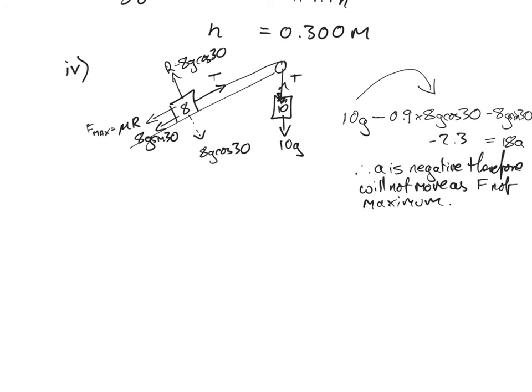And then finally, calculate the power of the frictional force acting on P in part 3 at the moment the system is set in motion. So power equals force times velocity.